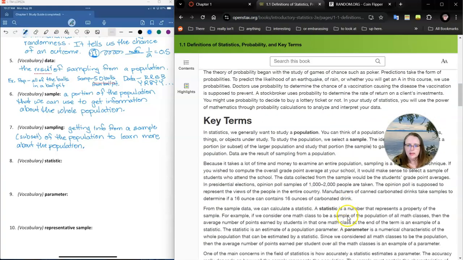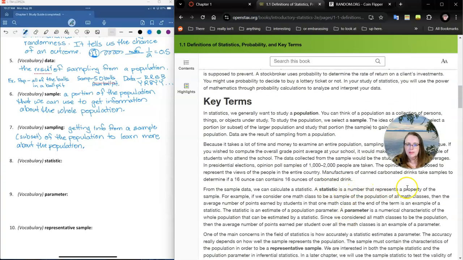Statistic. I see that as another word here. A statistic is a number that represents a property of the sample. Okay, well, that's not a very helpful thing. Let's see their description here. For example, if we consider one math class to be a sample of the population of all math classes, then the average number of points earned by students in that one math class at the end of the term is an example of a statistic.